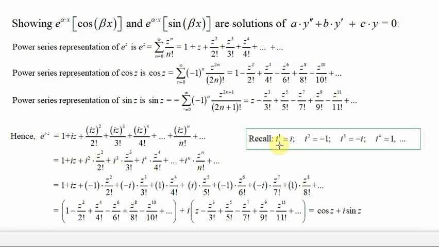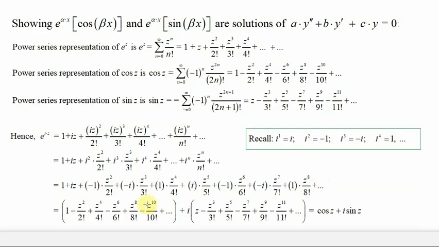Recall that i squared is negative 1, i to the third is negative i, i to the fourth is 1, and so on. So here we get negative 1, negative i, 1, and so on.